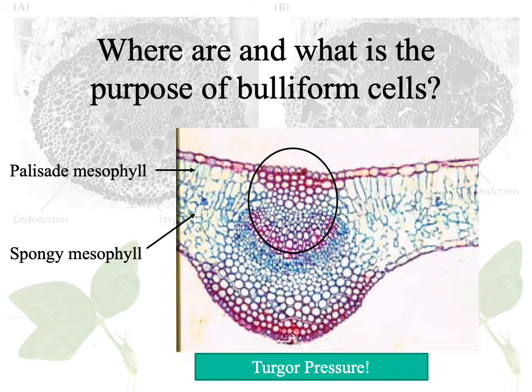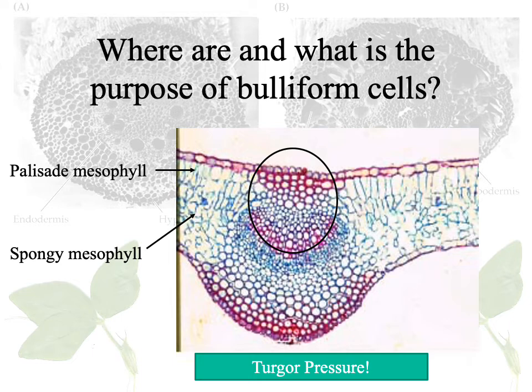When they're full of water, the leaf lays kind of outward and flat, and you'd call it normal. But when it's droughty, those bulliform cells lose their turgor pressure. That's their internal pressure, like the pressure in an air balloon or a water balloon even. When they lose that pressure, that allows the leaf to kind of roll in on itself.